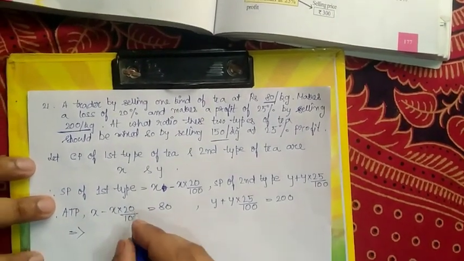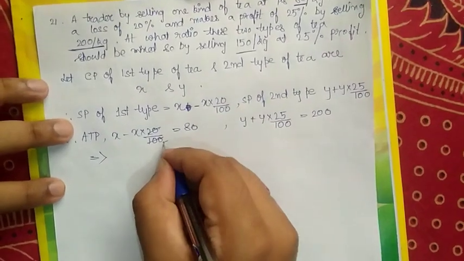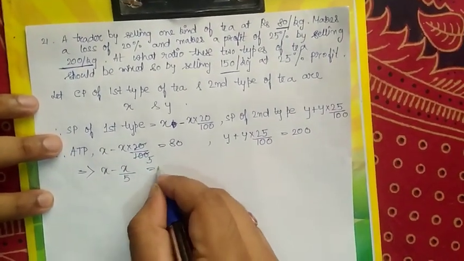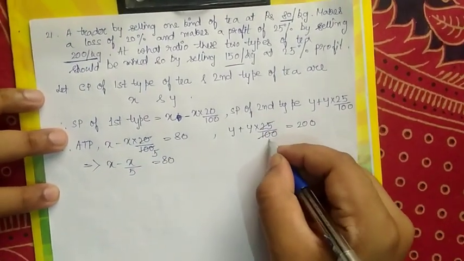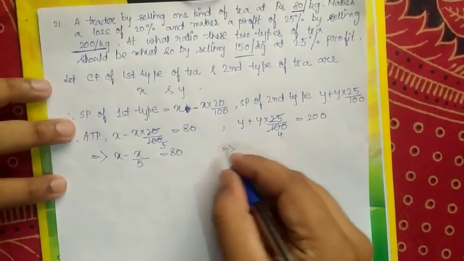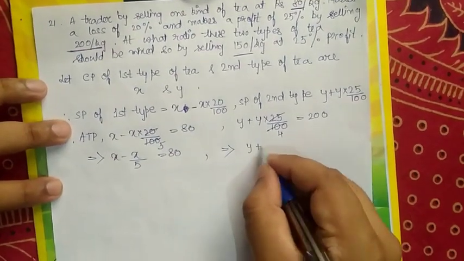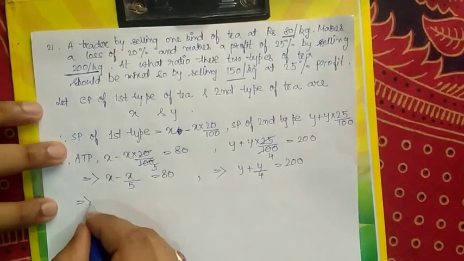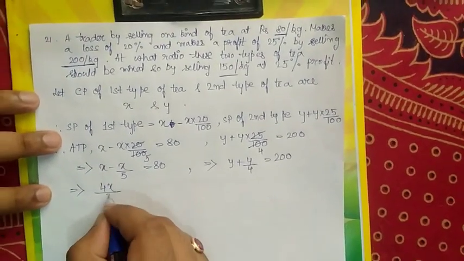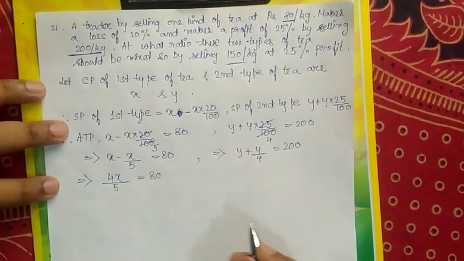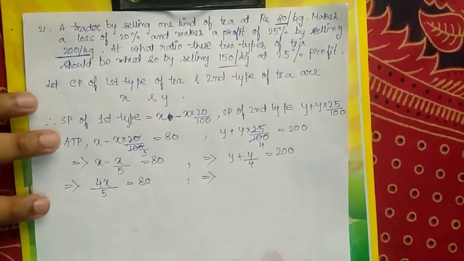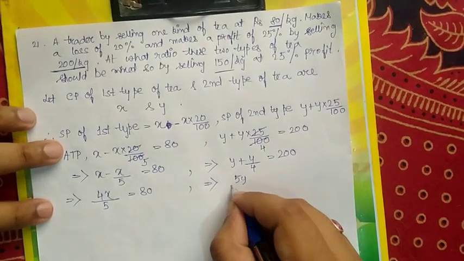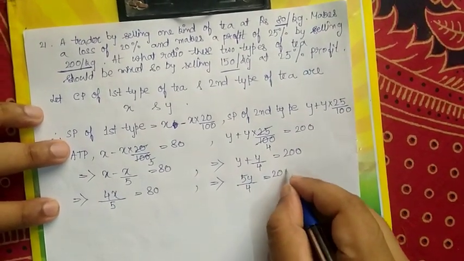So therefore, x minus x by 5 equal to 80, y plus y by 4 equal to 200, 4x by 5 equal to 80, and 5y by 4 equal to 200.